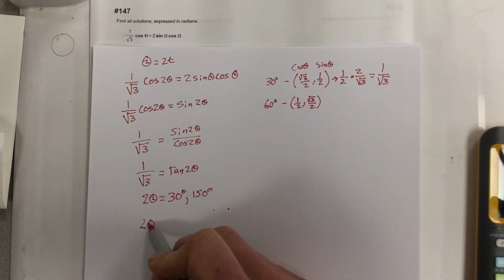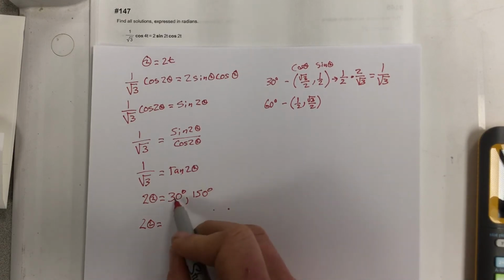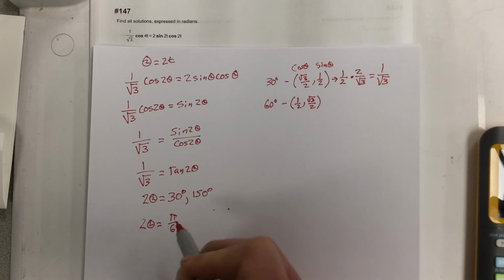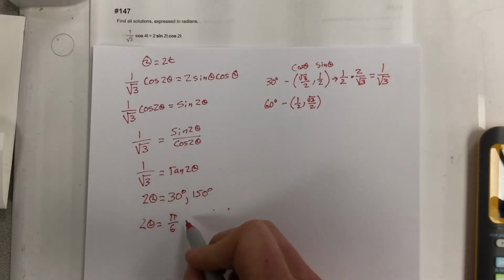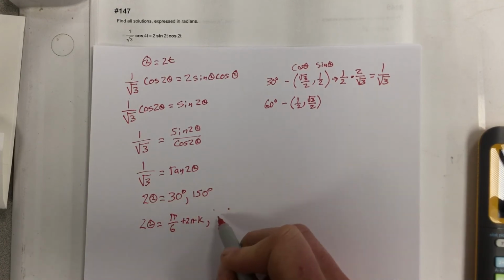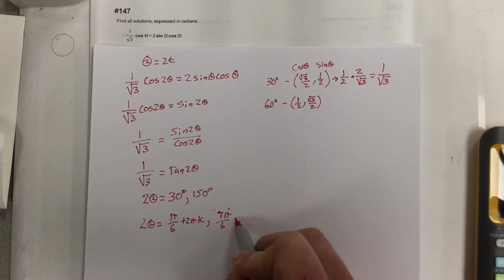So it's really 2 theta equals pi over 6. And then I need to write this. It says there's no domain restriction, so that's pi over 6 plus 2 pi k. And this would be 7 pi over 6 plus 2 pi k.